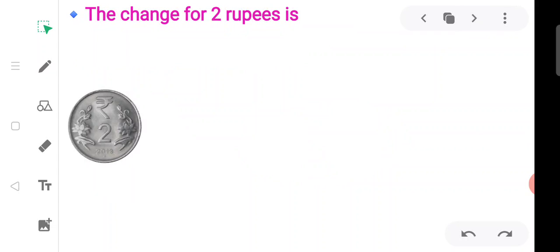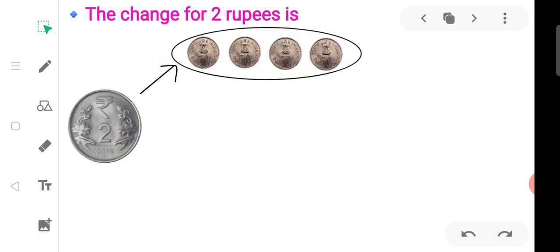The next one is the change for 2 rupees. How can we take change for a 2 rupee coin? We can take 4 coins of 50 paise. 4 coins of 50 paise make 2 rupees.